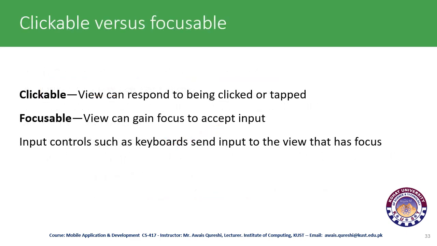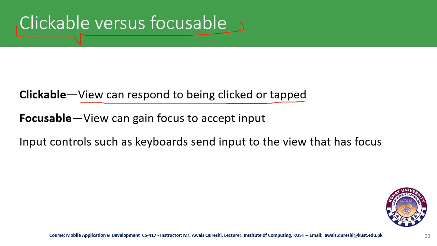What is clickable versus focusable? These two actions look the same, but they are actually different. One is clickable and the other one is focusable. A view can respond to being clicked or tapped. The view will respond back when you click or tap on it. And the other one is focusable. A view can gain focus to accept input.